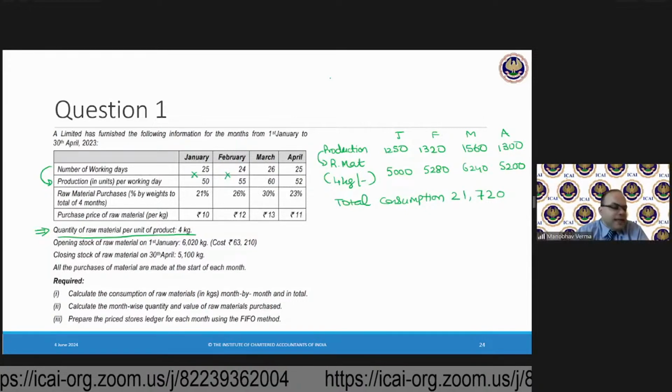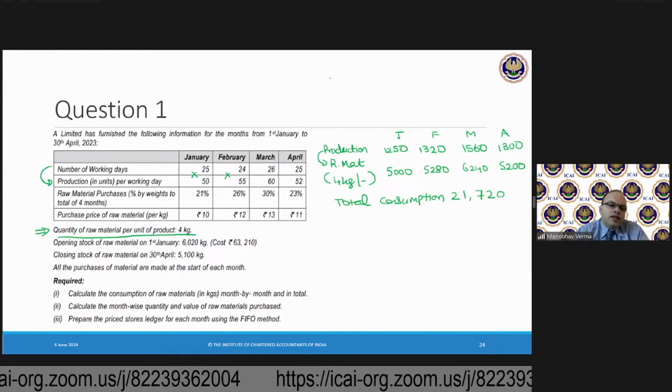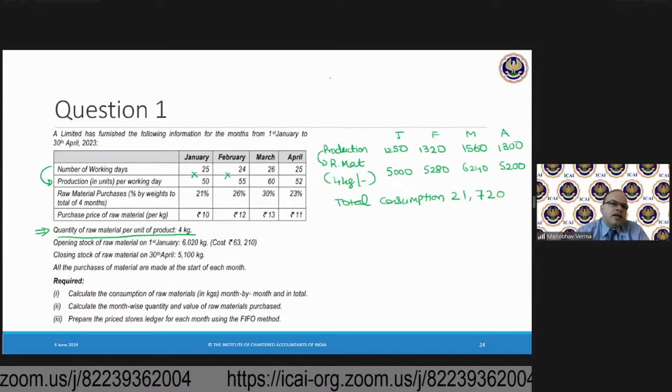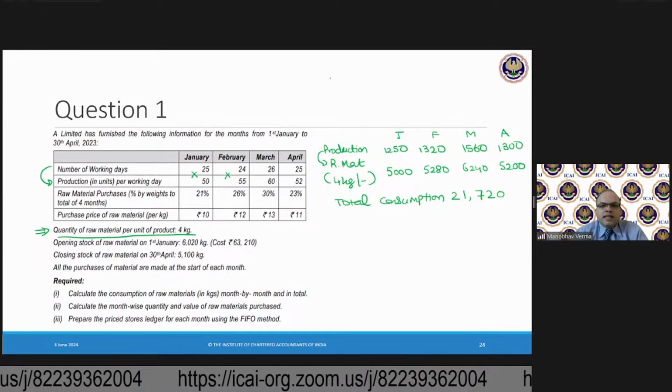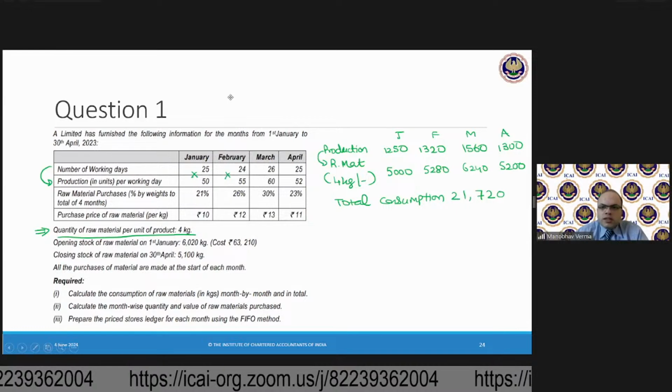Now, for the second part, what we are talking about here is they're telling us to calculate the month-wise quantity and the value of raw material purchase, guys. It is important to understand how we go about this.